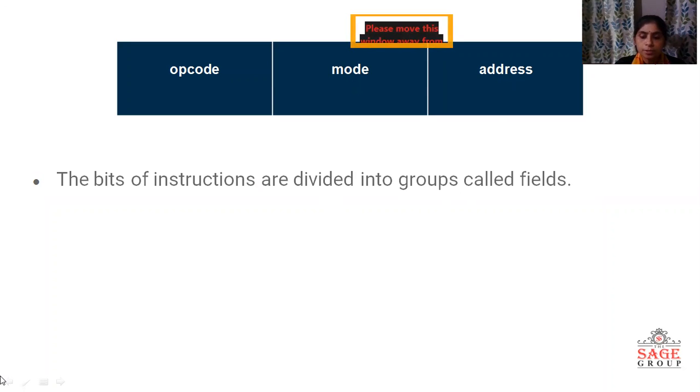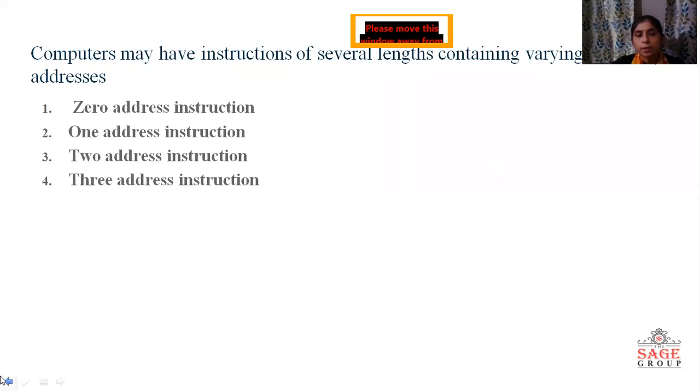As we have discussed, there are four types of address instruction formats: zero address, one address, two address, and three address instruction. We have already discussed three address and two address instructions. In today's lecture, our main focus will be on one address instruction and zero address instruction.